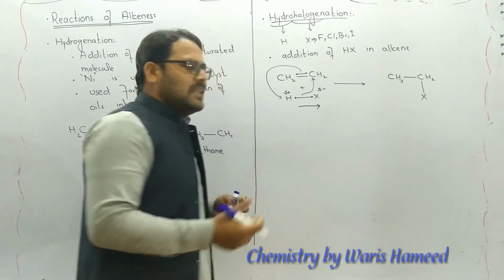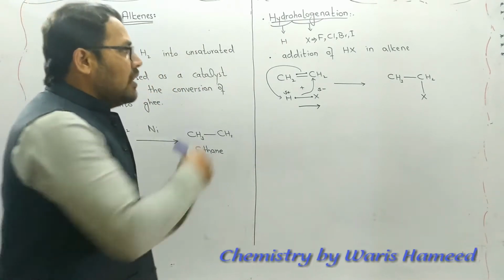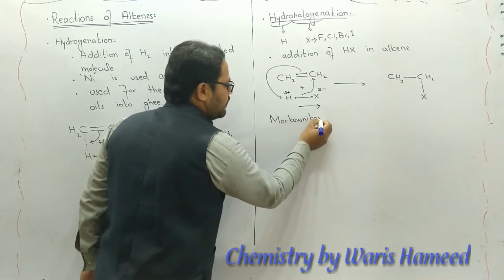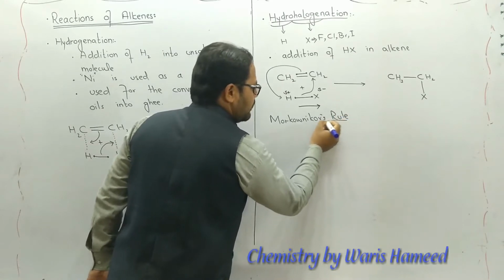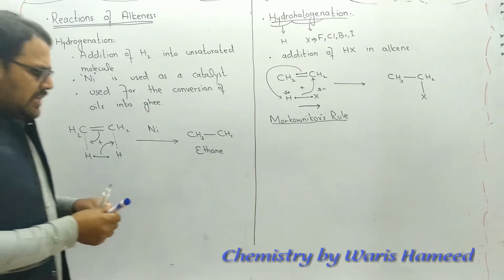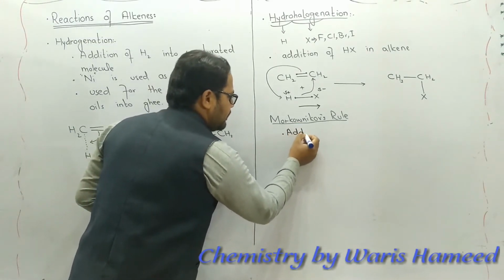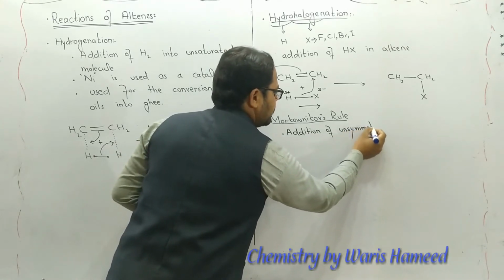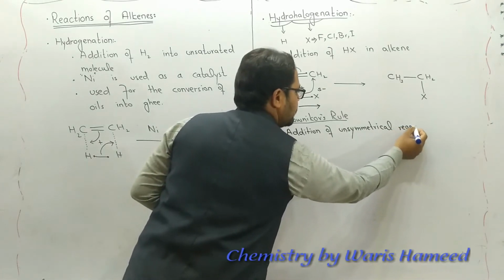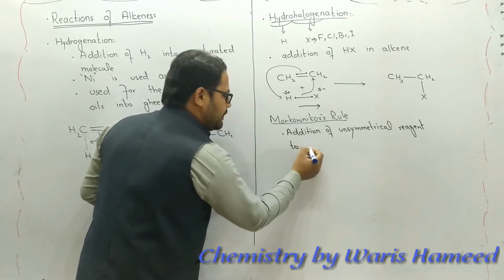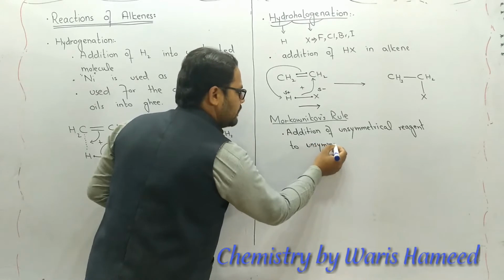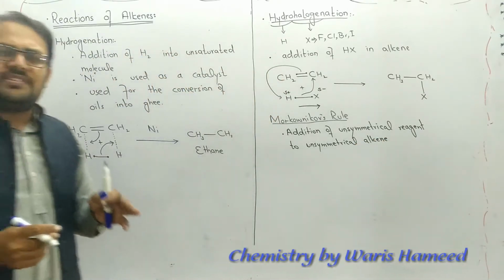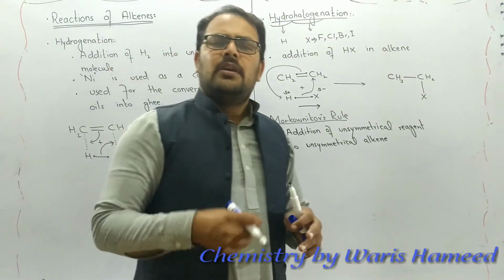There is a rule named Markovnikov's rule. Markovnikov's rule tells us about the addition of an unsymmetrical reagent to an unsymmetrical alkene.